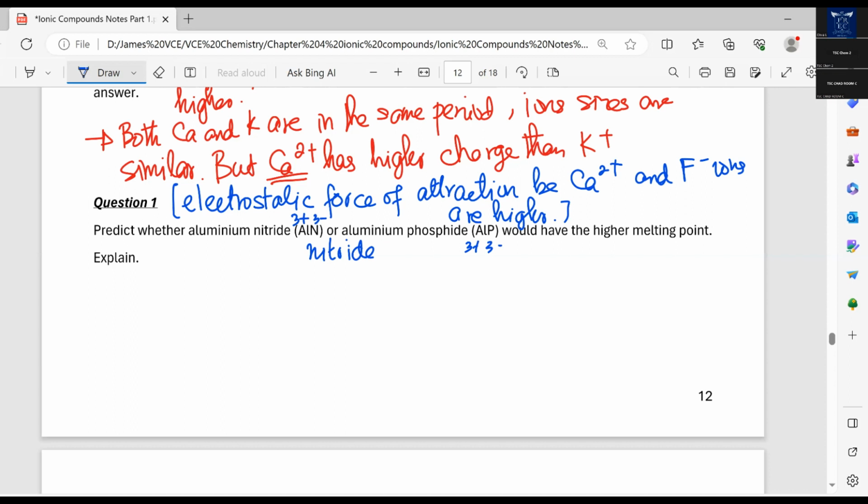So you need to mention that phosphorus and nitrogen are in the same group. Okay, so both P and N are in the same group 15.